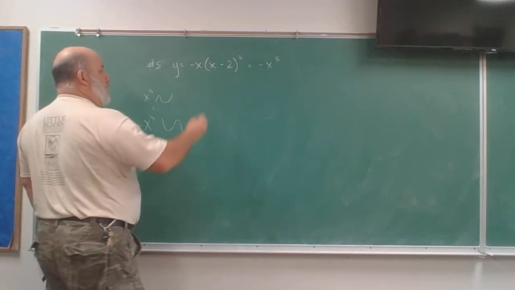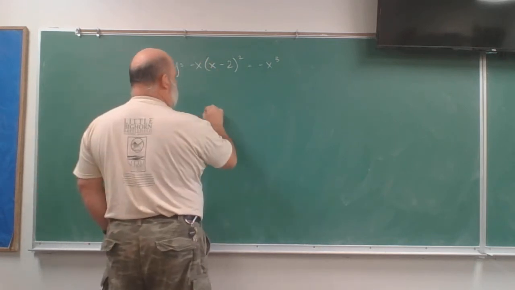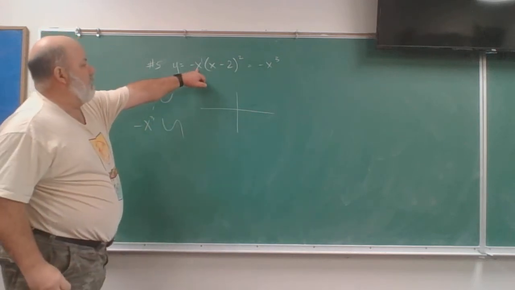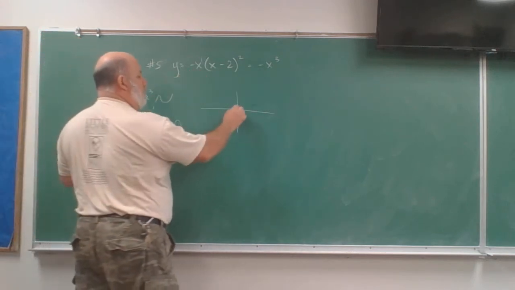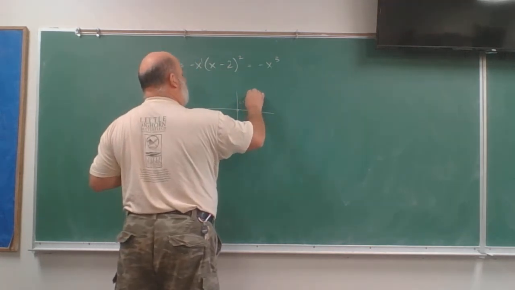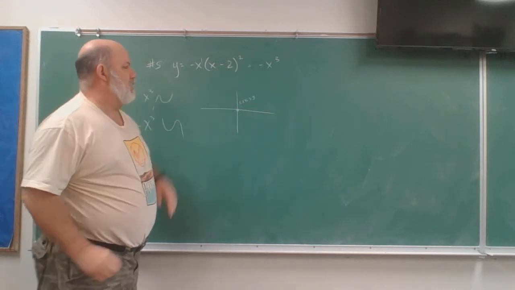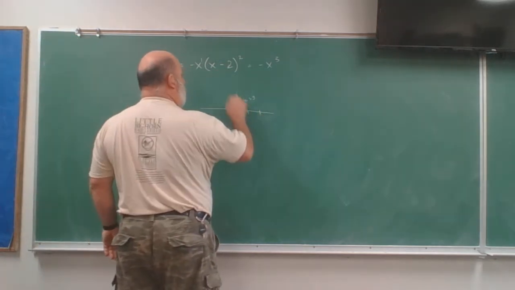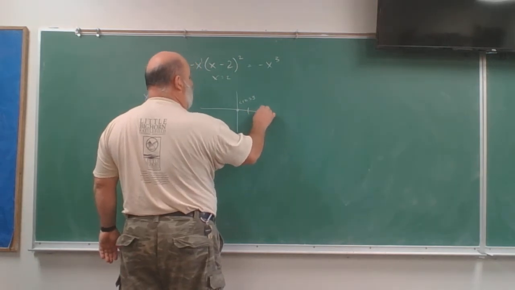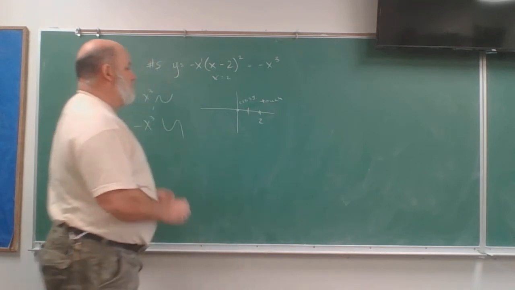Okay? This is x minus 0. So I know, this is x to the first power, I know that at 0, I'm going to cross the x-axis. Because this is x minus 2 squared, I know that at positive 2, it's going to touch the x-axis.